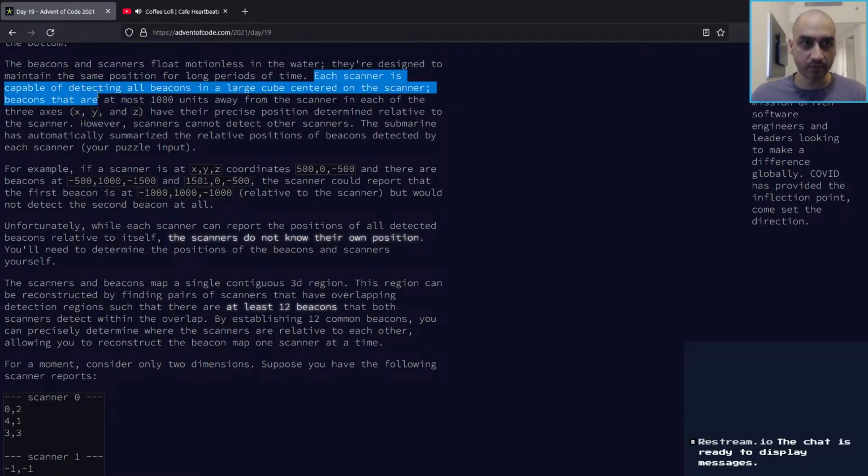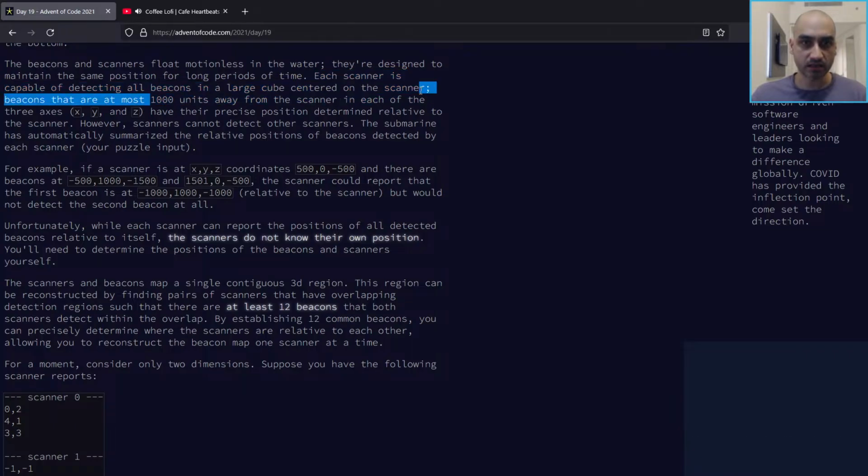Each scanner is capable of detecting all beacons in a large cube centered on the scanner. Beacons that are at most 1,000 units away from the scanner in each of the three axes have their precise position determined relative to the scanner. 1,000 width, 2,000 width cube.